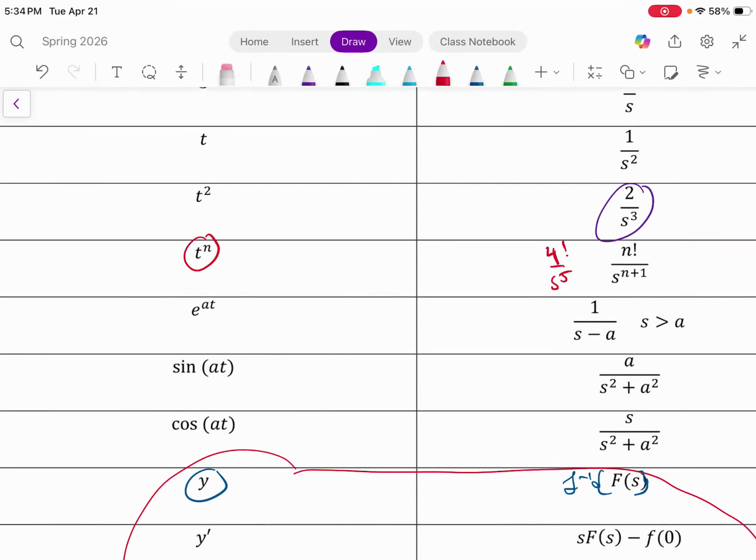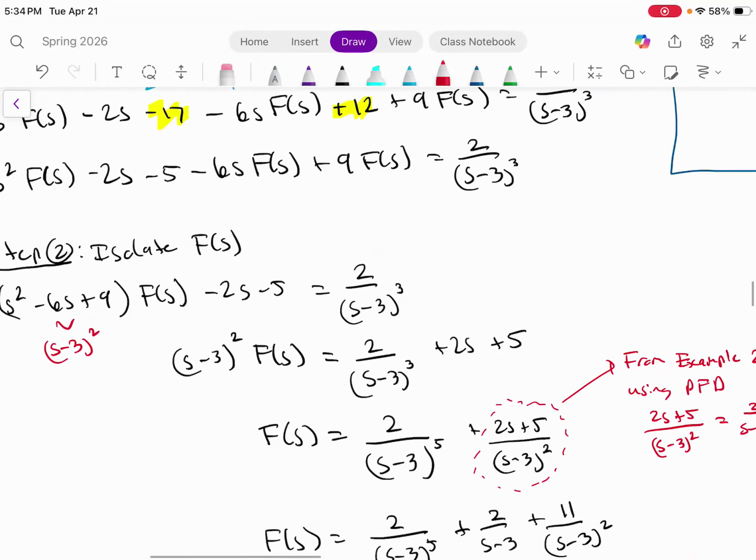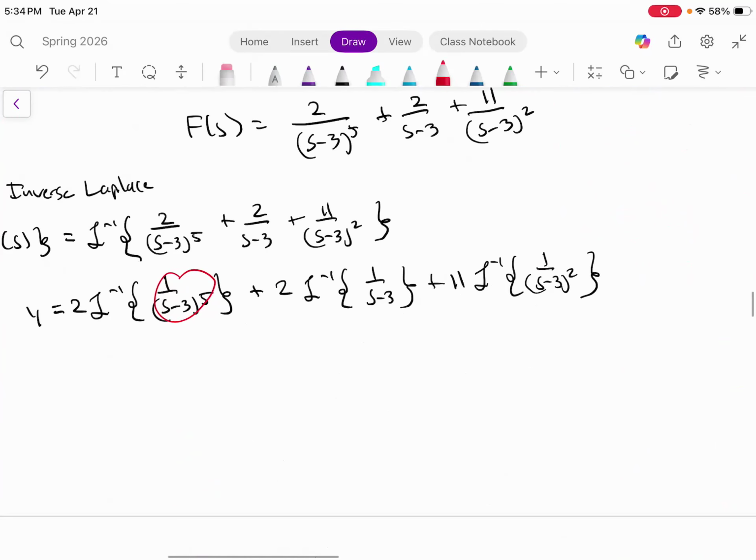So what I need to do here is set up a little manipulation and write 4 factorial over 4 factorial on top.